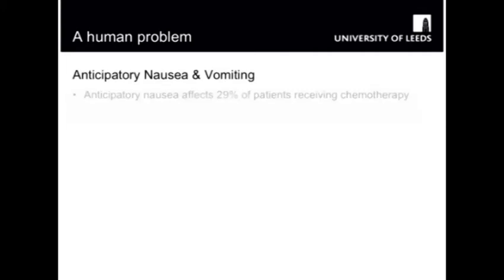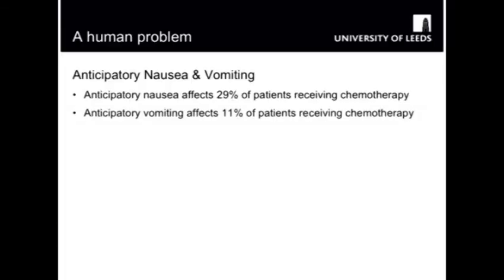So what relevance has this got for human cognition? There is a condition called anticipatory nausea and vomiting, which affects 29% of cancer patients. 29% of cancer patients will feel anticipatory nausea before they go and get chemotherapy. 11% will have vomiting before they go and get chemotherapy. And it's fairly clear how this can be accounted for by Pavlovian conditioning. The CS is the hospital environment.